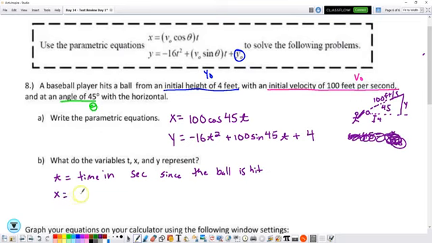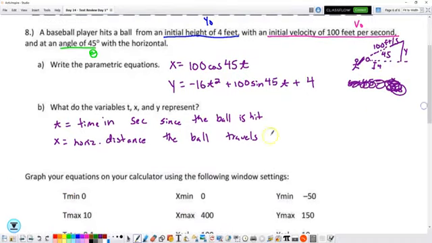X is going to be the horizontal distance the ball travels, and y is going to be the vertical distance the ball travels.